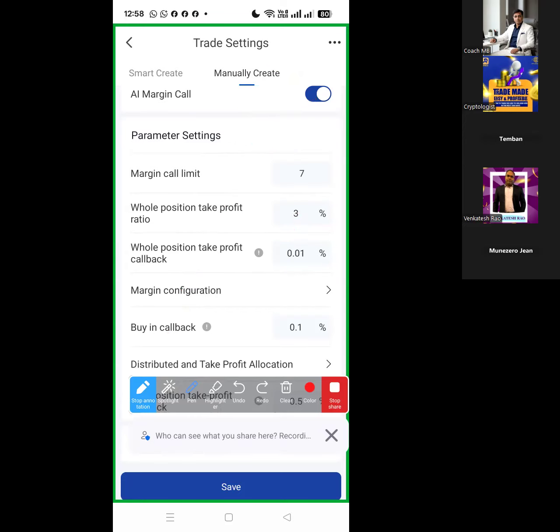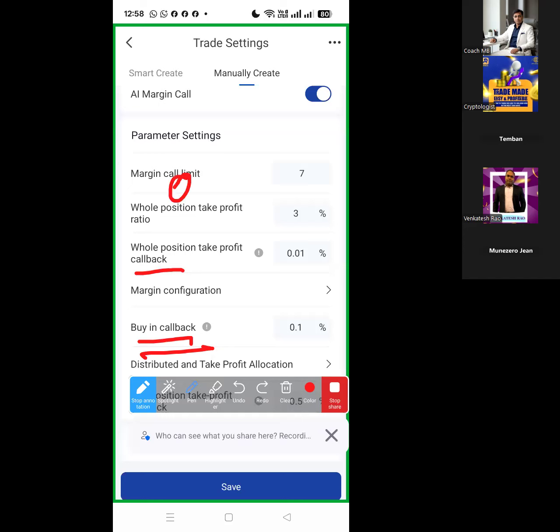Even if you have put 3%, sometimes you will see that you get more than 3%, and sometimes you will see that you get less than 3%, depending on the fluctuation or volatility of the market, right? So this is a callback function. I hope you understood this. And the same callback you can also put in the buy function, the buy percentage also.